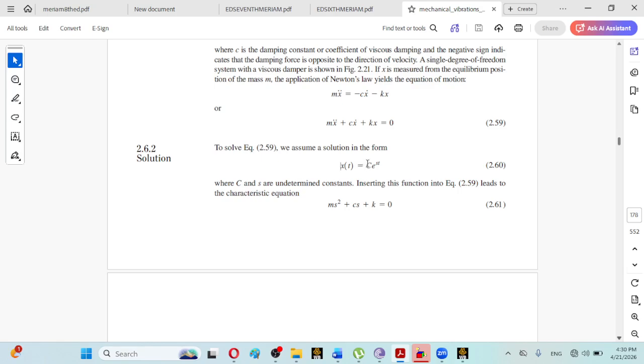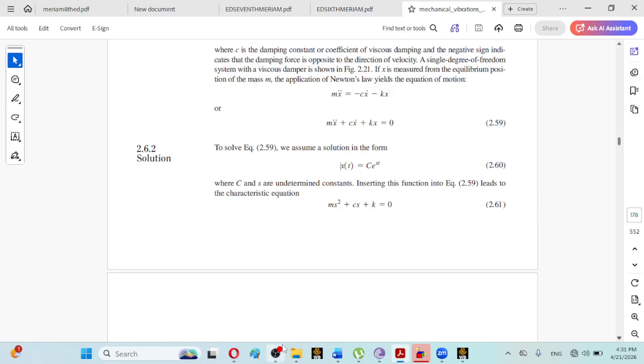So C cannot be 0, and e^(st) for any values is never equal to 0, because even if s is equal to 0 or t is equal to 0, e to the power 0 will be equal to 1. So for any value, e^(st) cannot be equal to 0. That results in ms squared plus cs plus k being equal to 0.